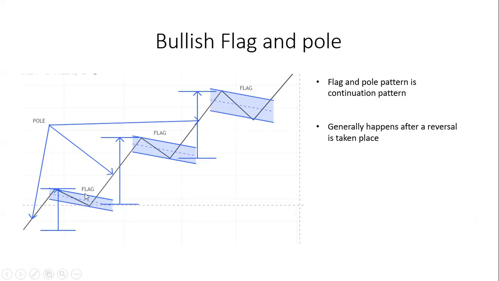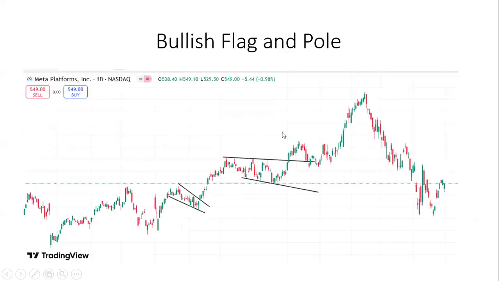The first target is the flag's width, then the second target is the pole width. This keeps on following in the case of a bullish flag. As we can see, these are the poles and this is the flag. Let's look at the chart.